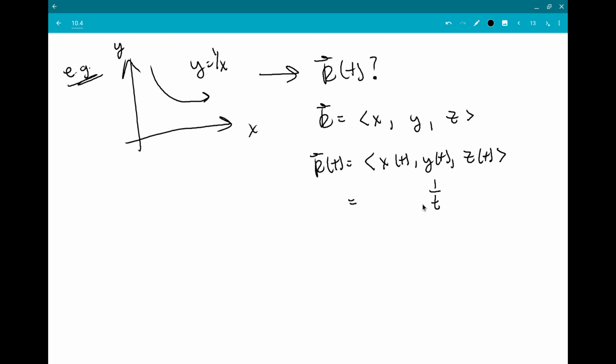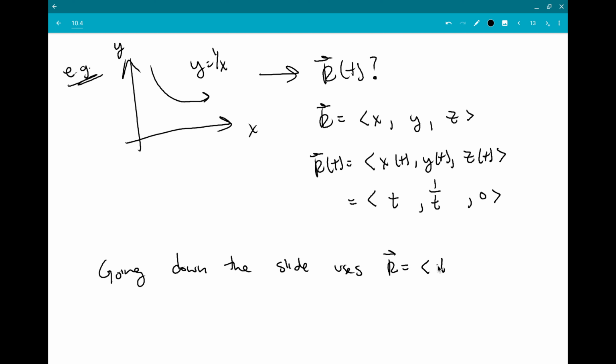So I can say y is 1 over t, but that just means that x is t. 0 doesn't matter. I'm doing nothing with 0. So going down the slide uses position vector or vector function r equal to t, 1 over t. So that's the quick jump in reasoning you can use to go from a picture of a shape with a function to something in terms of vectors that we can practice all these new skills with.